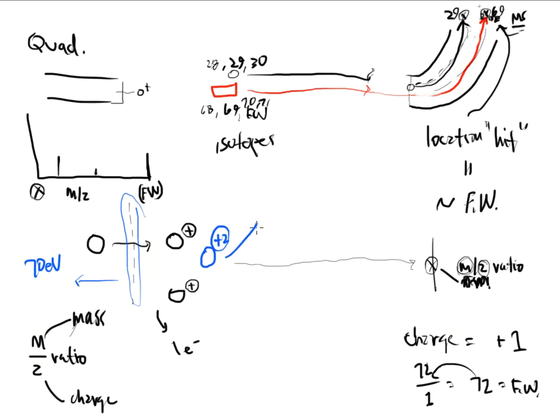That means that if this fragment weighed 50 and it ventures down the quadrupole and hits the collector plate, the collector plate is going to register 50, but it's also going to register that positive 2 charge, and 50 divided by 2 is going to be 25. And this 25 is what will show up on the mass spectrum. And for us, we are going to assume that that fragment weighed 25, when actually it didn't weigh 25. It weighed 50.